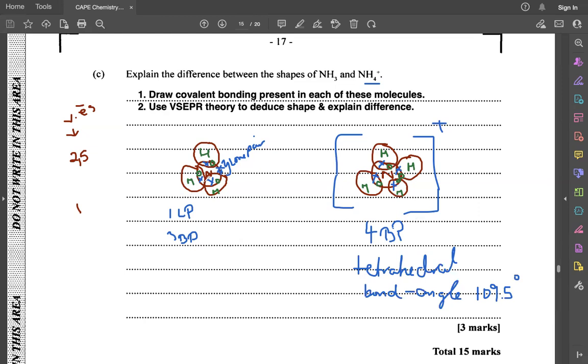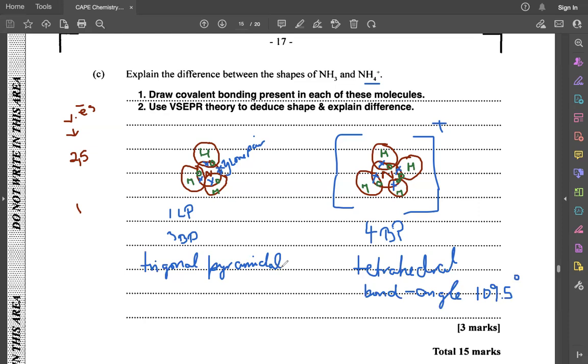And then for ammonia, we have 1 lone pair and 3 bonded pairs. So the lone pair-bonded pair repulsion is greater than it would be in a tetrahedral structure where there are only 4 bonded pairs, right? So we're going to get a different shape for this molecule. And that shape is what we call trigonal pyramidal. And what's the bond angle in that case?